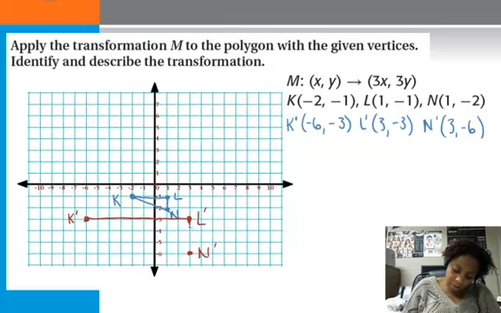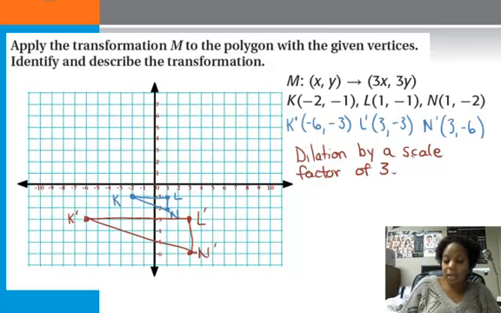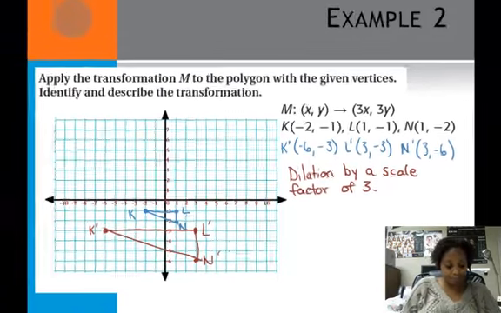And there's our new. And this is a dilation by a scale factor of 3. And definitely not an isometry. The second figure or the image is definitely not the same as the pre-image.